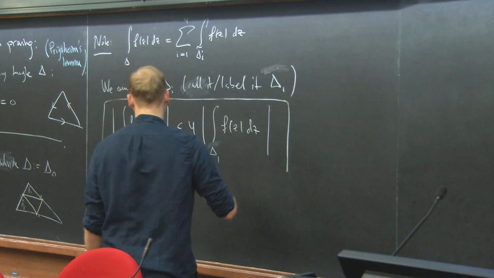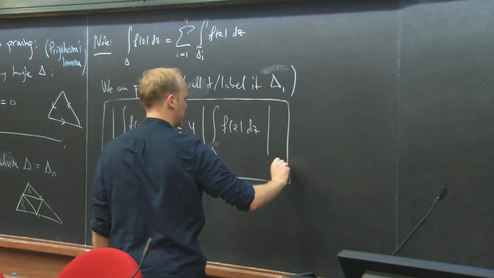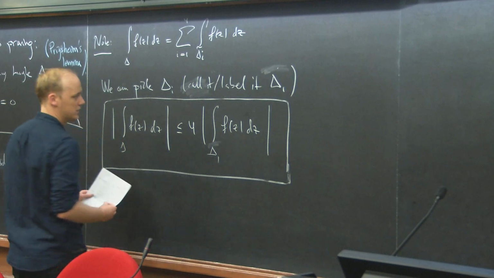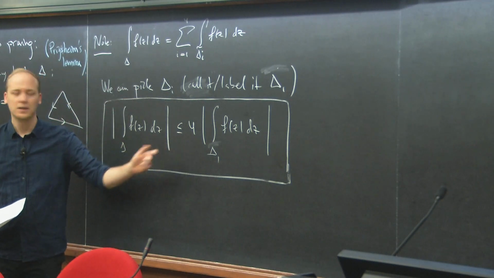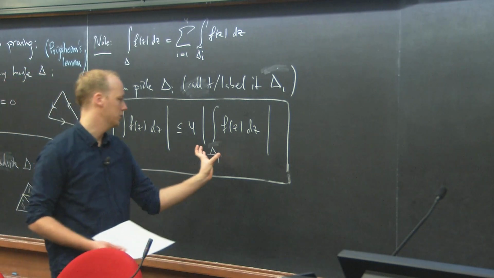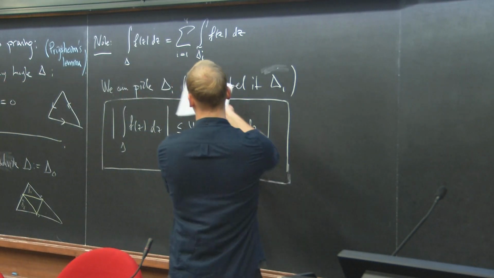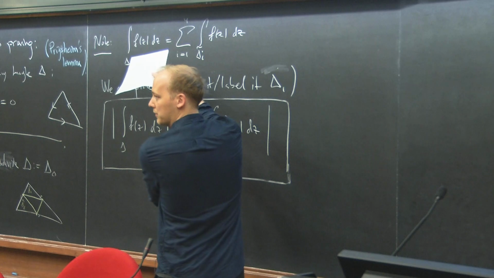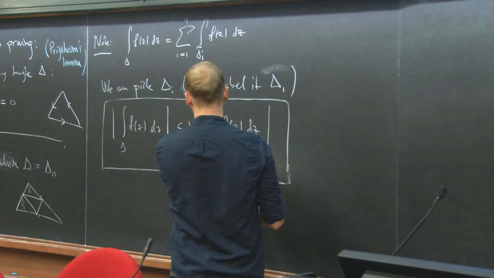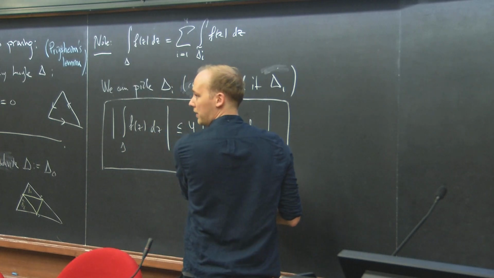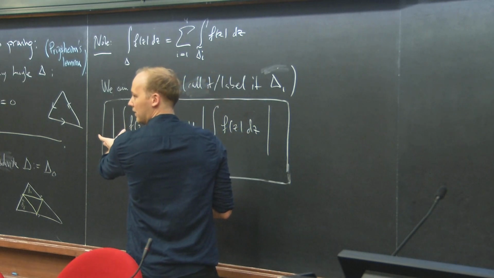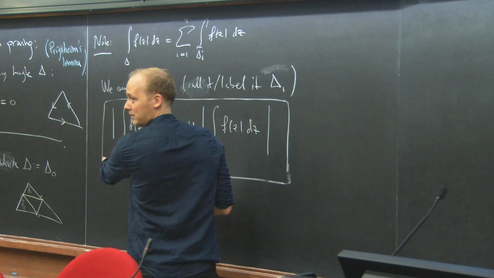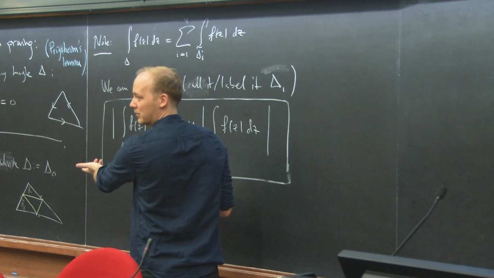Now, what have I written here? This is just very basic logic, that I can pick one of the triangles such that this holds. Because I'm basically looking at the absolute value of each of these triangles, okay? And since they sum up to this whole thing, there has to be at least one delta 1 such that the absolute value of this is larger than 1/4 of the absolute value of the whole thing, okay?